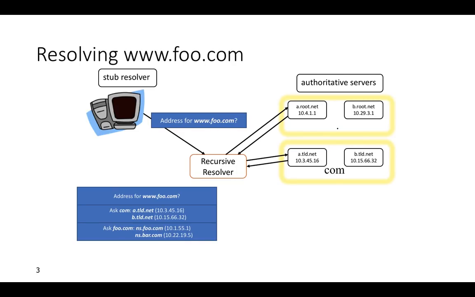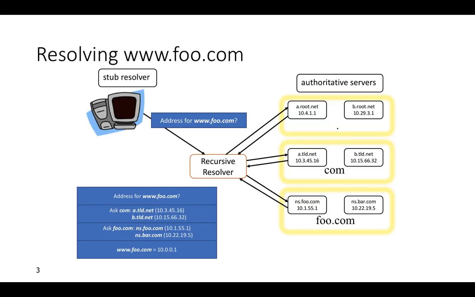The recursive server is going to do the same thing it did previously. Now that it has that referral for foo.com, it can ask one of those servers its same question again. So here's foo.com, and it asks one of those servers.